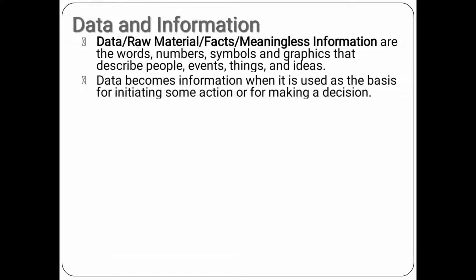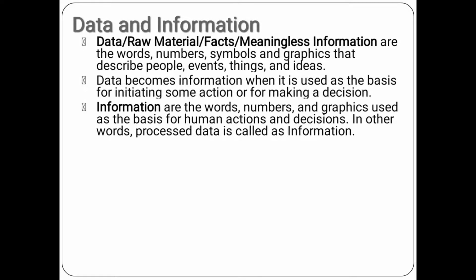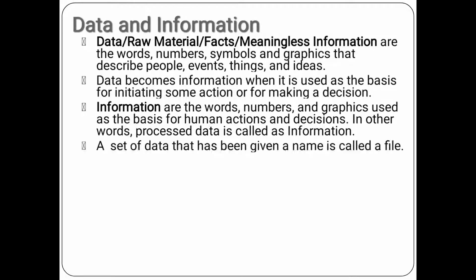Data become information when they are used as a basis for understanding some action or for making a decision. Information is the words, numbers, and graphics used as the basis of human action and decision. In other words, processed data is called information.